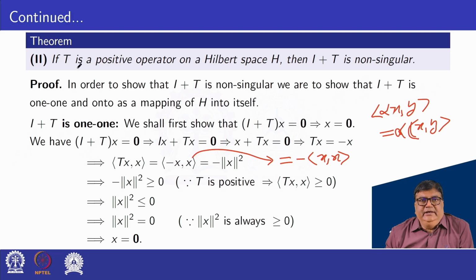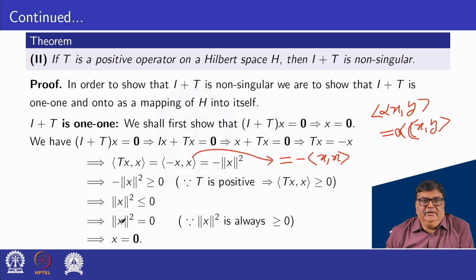Here T is a positive operator, so the inner product of Tx, x is greater than or equal to 0. Then minus norm of x squared is greater than or equal to 0. With the minus sign, this can be written as norm x squared less than or equal to 0.